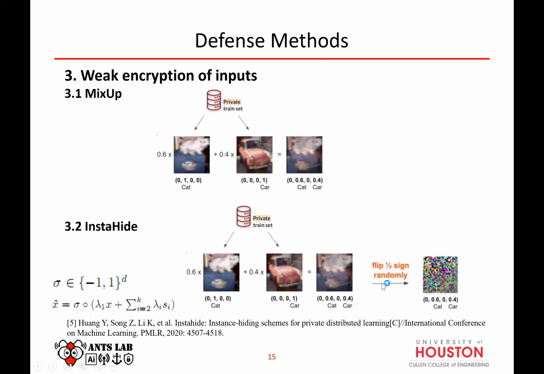It picks a random sign flipping pattern and outputs the encryption, where coordinate-wise they flip the sign of 50% randomly, and here this is the coordinate-wise quantification of factors.